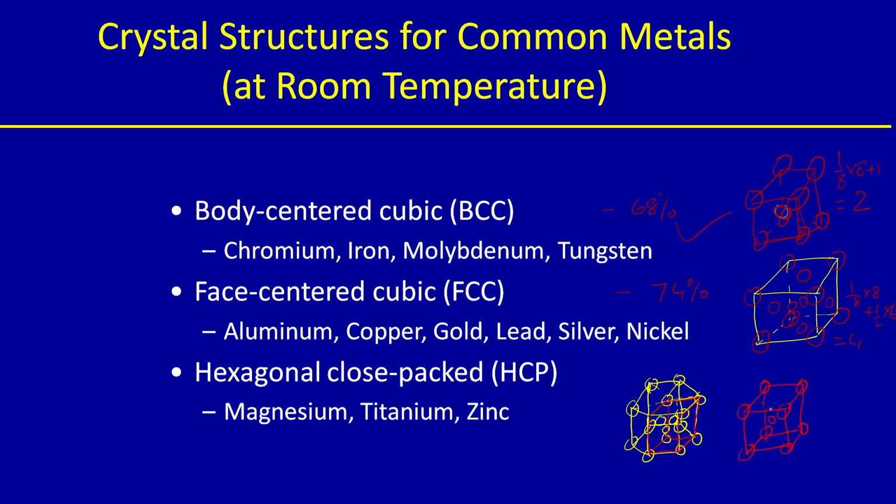Let us do it from the hexagon. 6 corners on top and 6 on the bottom is 12, so 1 by 6 into 12 is 2, and then there are 2 atoms on the face centers, so 1 by 2 into 2 is 1, because each is shared, and there are 3 atoms inside. So, 2 plus 1 plus 3 is 6. And here you see there are only 2 atoms, because one atom is inside and there are 8 corners at 1 by 8. So, you can consider any of these as a unit cell, it does not matter. That is how it has to be understood.